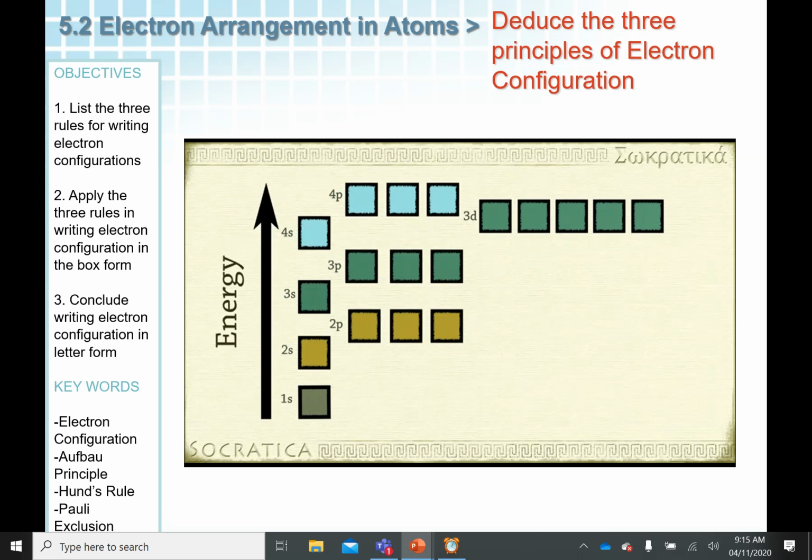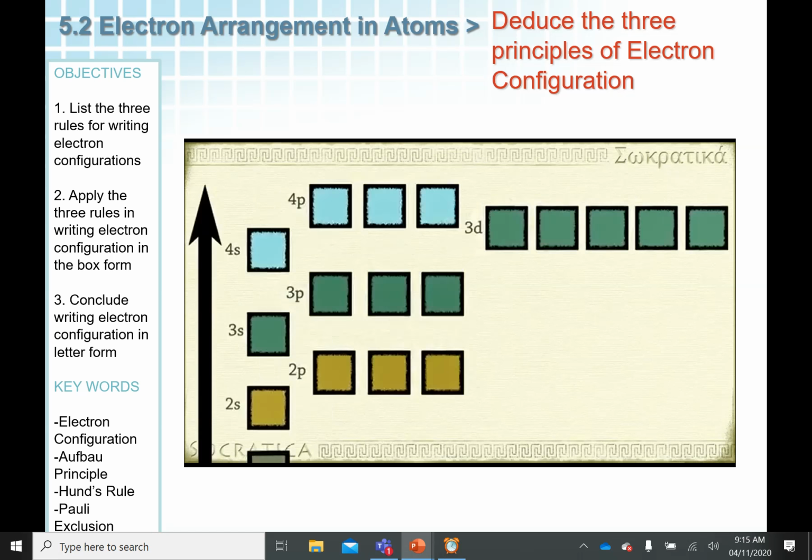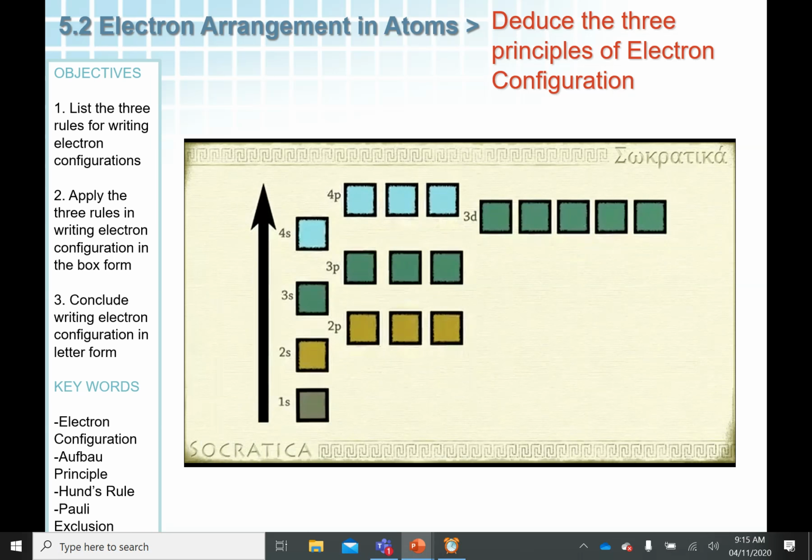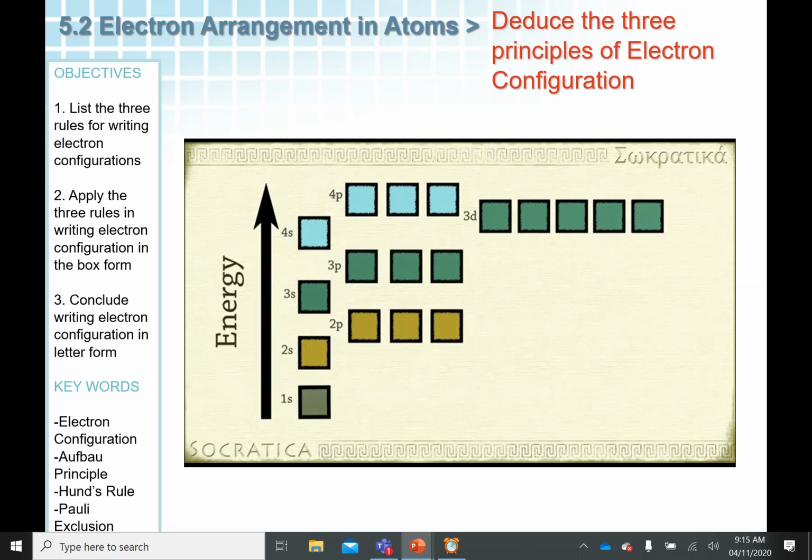After the second energy level, you really have to pay attention to the energy level diagram. For instance, notice that the 4s orbital has lower energy than the 3d orbital, so you should fill the 4s orbital first. But these 2 orbitals are so close in energy that for a few elements, electrons go into the 3d orbital first.